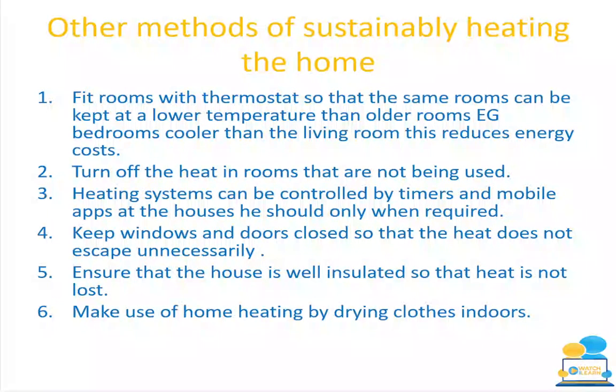There are home grants available from the government to update your house. You should make sure that you are not using the likes of a dryer the whole time to dry your clothes, and try and dry them inside in the heat on your clothes rack. So these are just some other examples of methods which are more sustainable for heating the home.